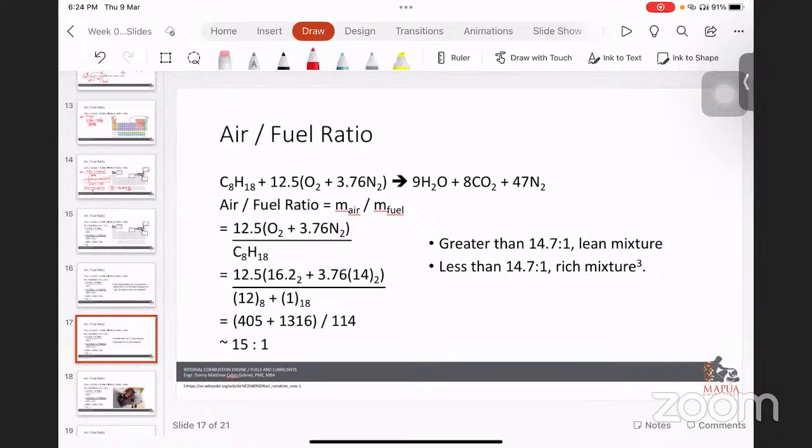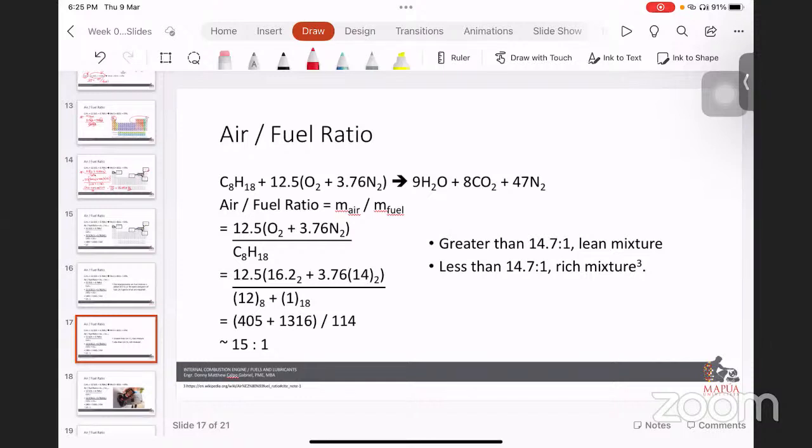If you have more than 14.7 units of air per your unit of fuel, ang tawag doon ay lean mixture. Kapag naman baliktad, less than 14.7 ang amount of air versus yung fuel mo, sa air-fuel ratio mo, ang tawag doon ay rich mixture. Yung rich medyo malapot kasi mas marami kang fuel kaysa sa air. Yung lean ay malabnaw kasi mas marami kang air kaysa sa kailangan mo.